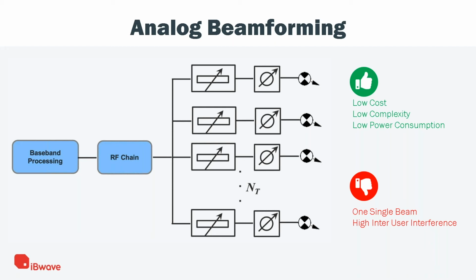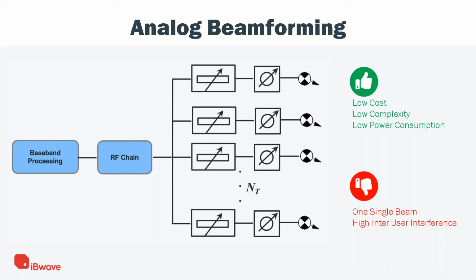However, there are a few disadvantages of using this type of beamforming. The main one is that because we have only one RF chain, we can make only one single beam.